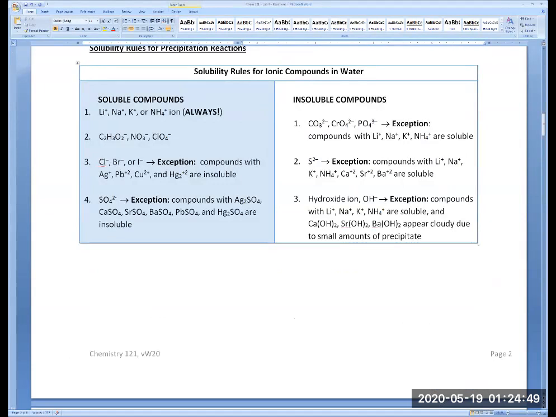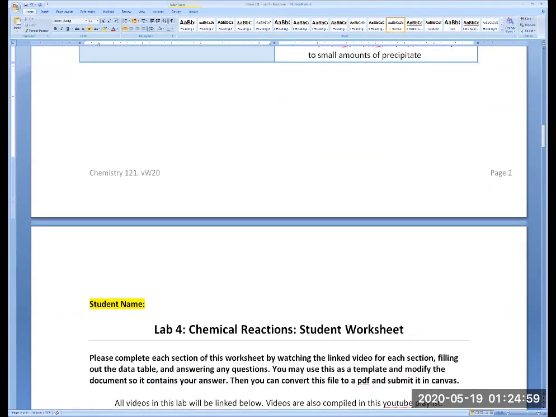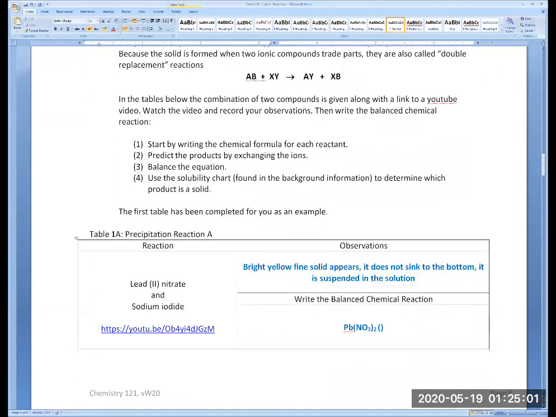And here nitrate is part of the soluble compound, NO3 -1. So it's a soluble compound and there are no exceptions. This would be confirmed by the fact that the lead nitrate would be a solution in the video. So when it's a solution, you say aq for aqueous solution. It's dissolved. And then sodium iodide.